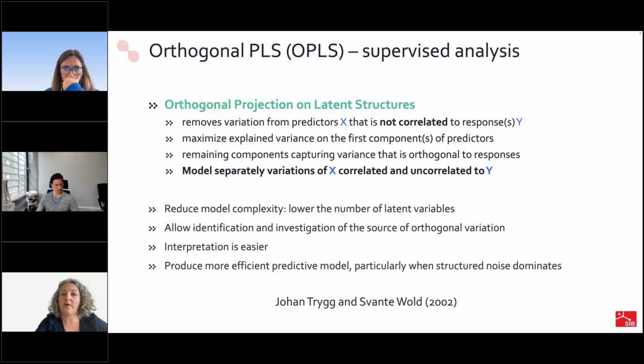So the variation in the orthogonal components is information not related to the response you want to focus on.